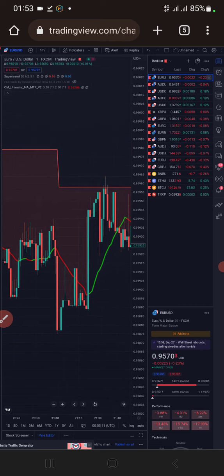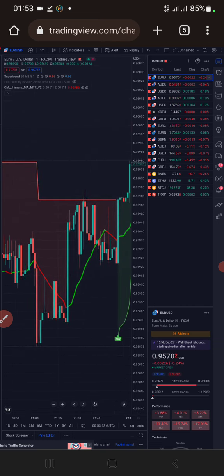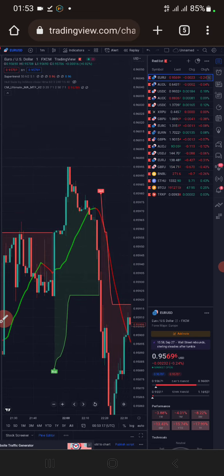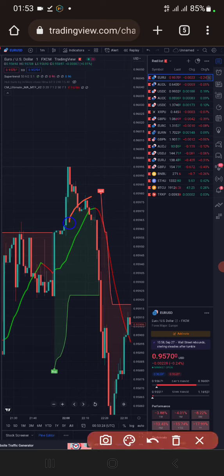So you can see over here, when the price crosses below the moving average, then it's a good time to get in. And you can see over here that the moving average turns red.